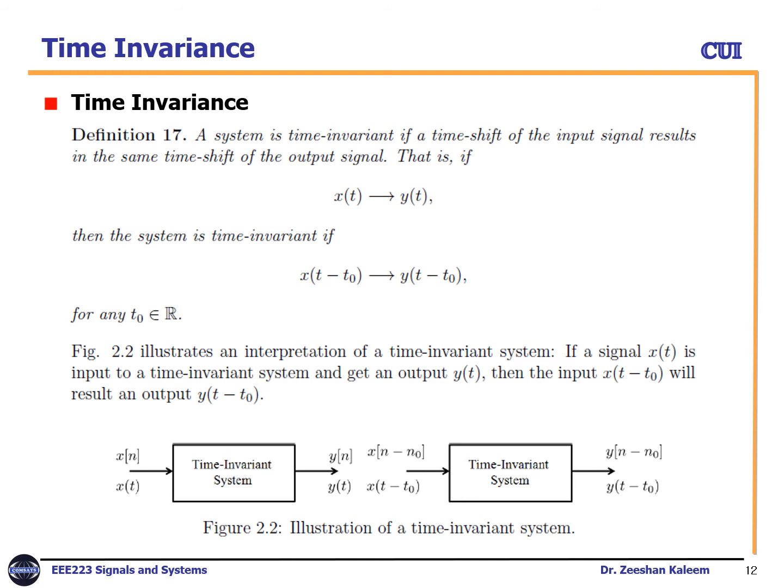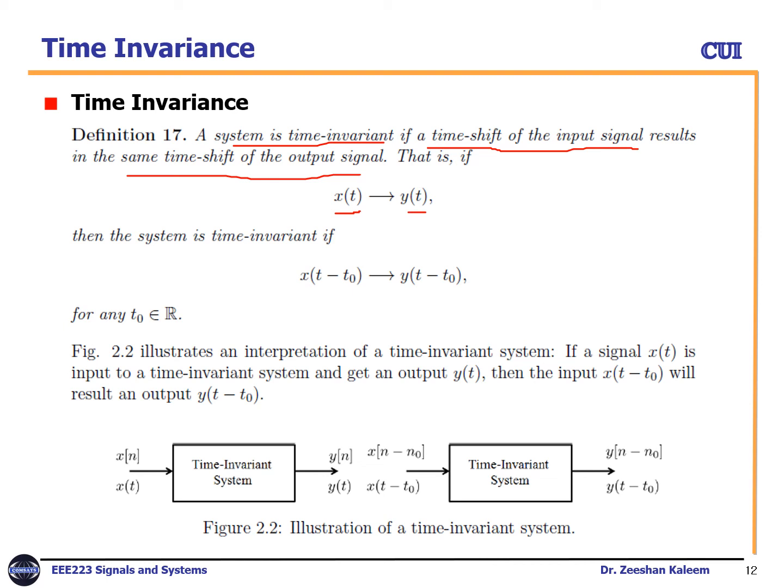The other important property is time invariance. What does it mean? A system is time invariant if a time shift of the input signal results in the same time shift of the output signal. For example, if you have input x(t), you get the output y(t).